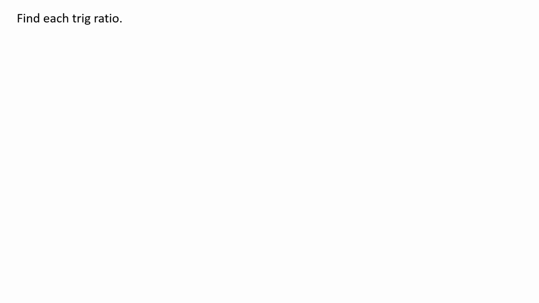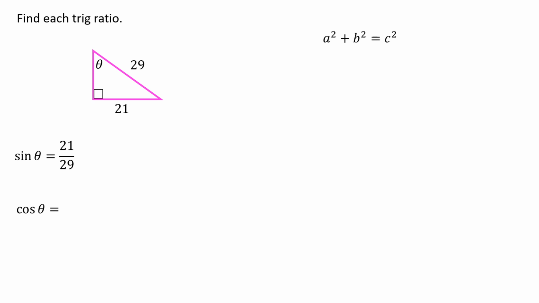Here we go again. Once again, we're missing one side. Sine of theta. Oh, we can do that. Opposite is 21. Hypotenuse is 29. Piece of cake. Cosine of theta. Oh, I don't know the adjacent side. A squared plus b squared equals c squared.